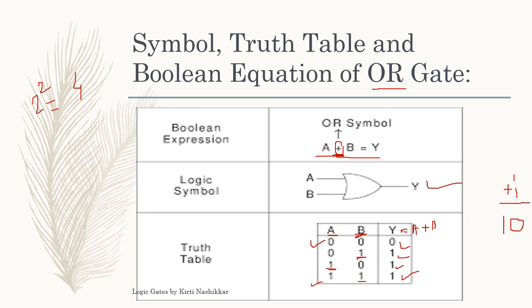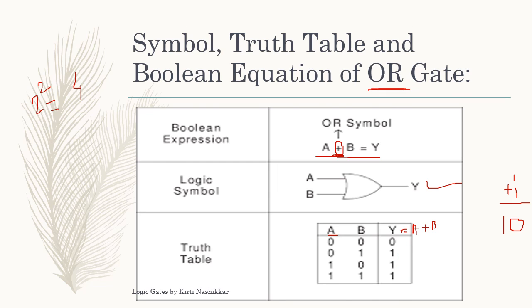अगर दोनों भी हाई हैं, then the condition is that only one of the two needs to be high, and if both are high, then the condition is already satisfied. Okay, so that's why the name OR gate is given to this particular gate. And in this case, just remember that output is high for all three conditions except when the inputs are 0 0, because here the condition is not satisfied.